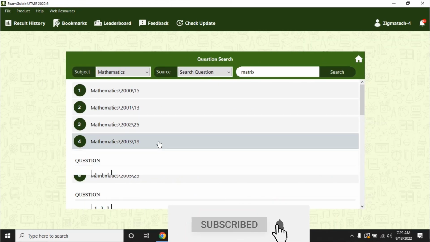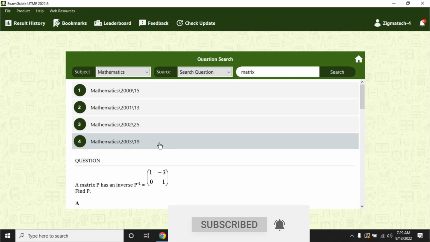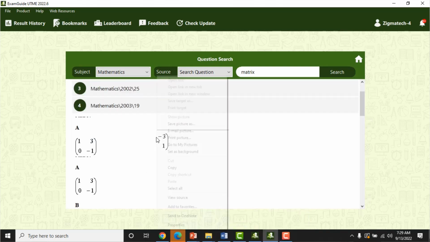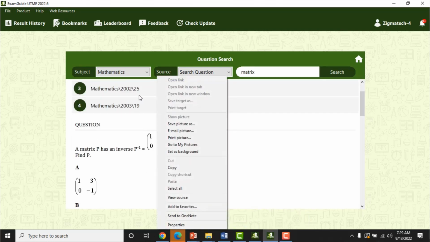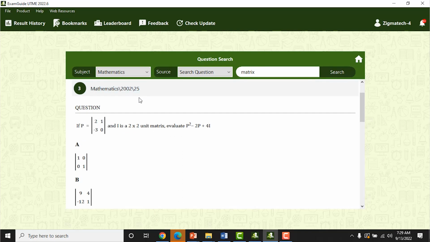One more question here, then we'll think of the next topic. If P equals the matrix given here, find the value of P squared minus 2P plus 4 identity matrix.